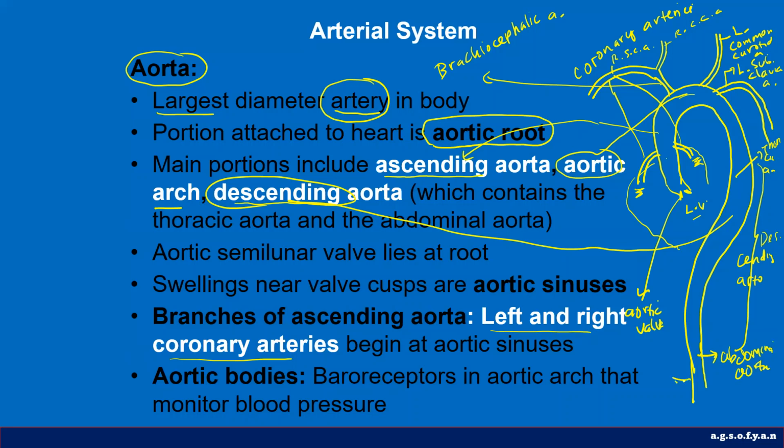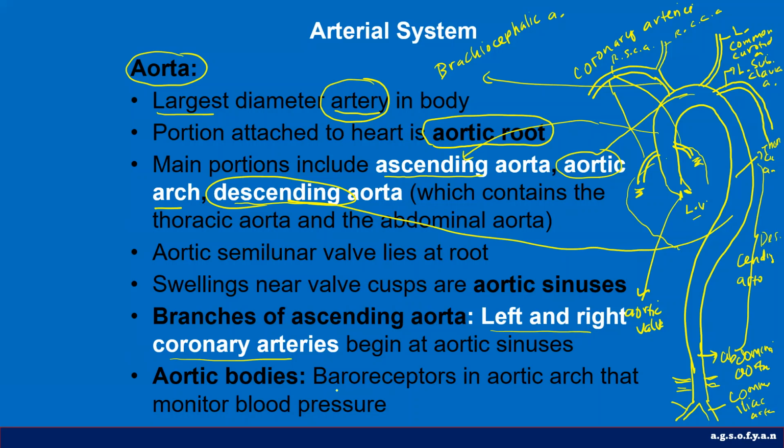And remember over here, it will branch into many arteries that give blood to organs inside our abdominal cavity. And at the end, this abdominal aorta will branch into left and right common iliac arteries. And each iliac artery will carry the blood to our lower limbs, left and right legs.